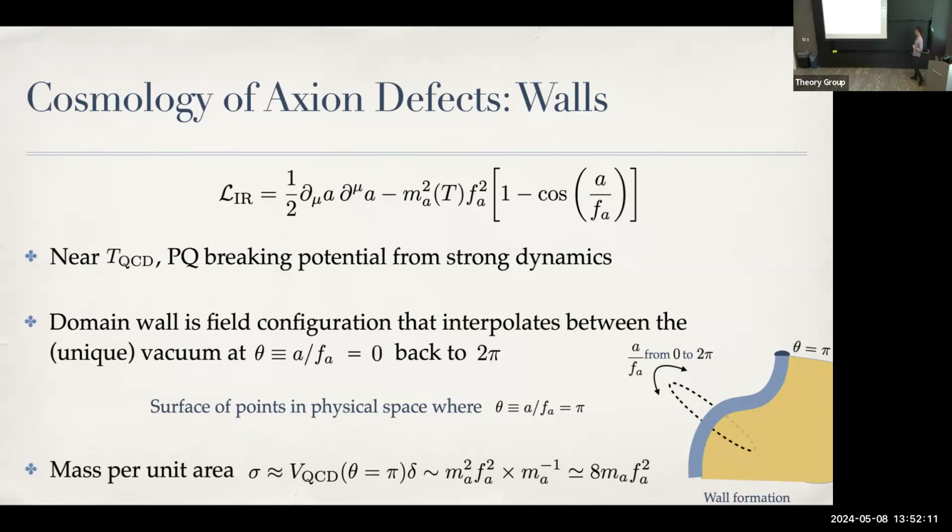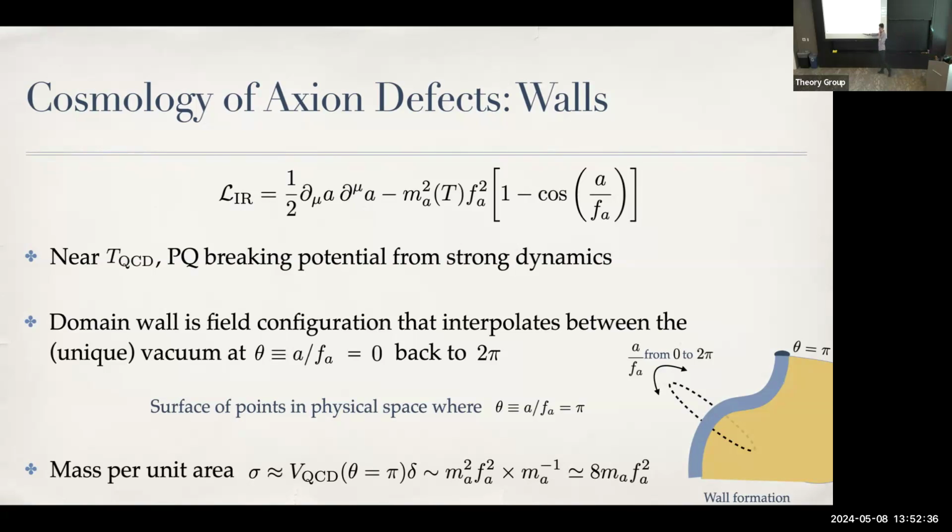Okay, now there's one more quantity that we want to calculate that we're going to use again and again, and that is the tension of these domain walls. This is a macroscopic quantity, and we can estimate parametrically what it is. It's just going to be the energy density where my domain wall is located, which is where surfaces of theta equals pi, times a typical cross-sectional slice of the thickness of my axion wall.